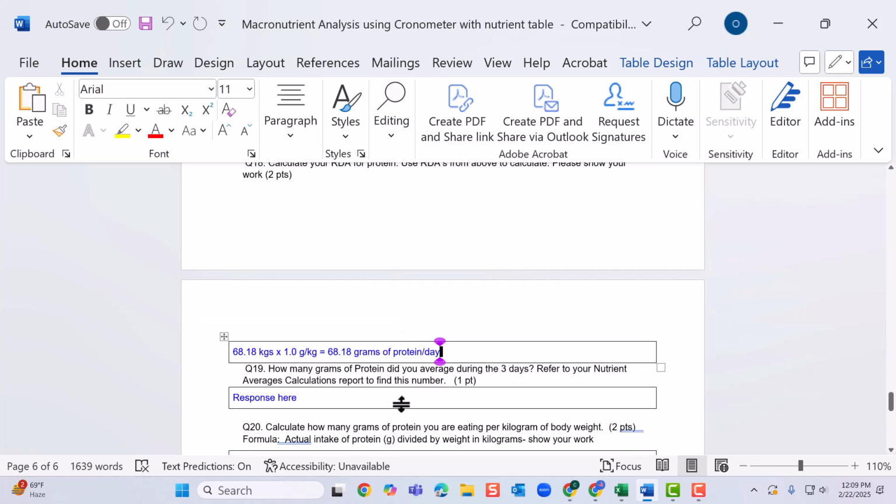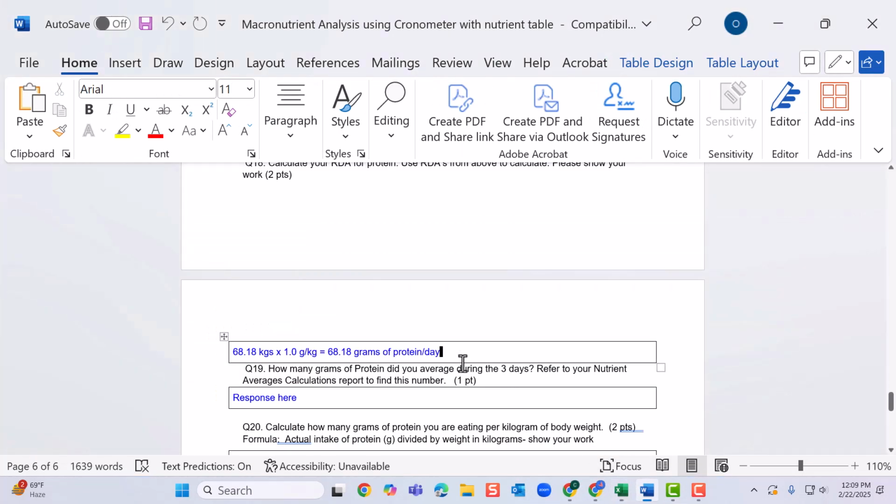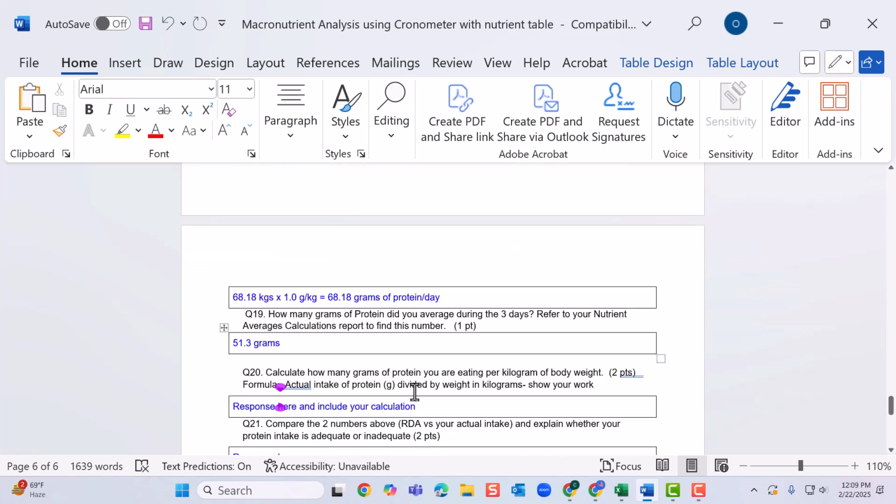Now, let's take a look and see how many grams did I average? So how many am I actually taking in? And I would go to my nutrient averages and I look at protein and it says 51.3. So my response here is the number of grams that I averaged was 51.3 grams. Over the 3 days, that was my average.